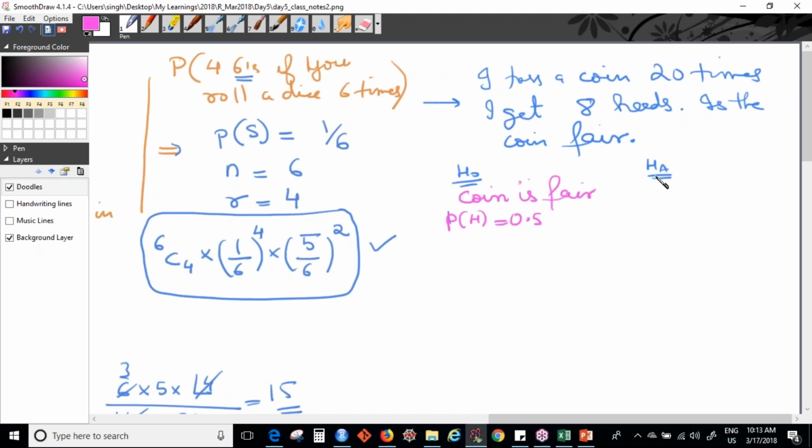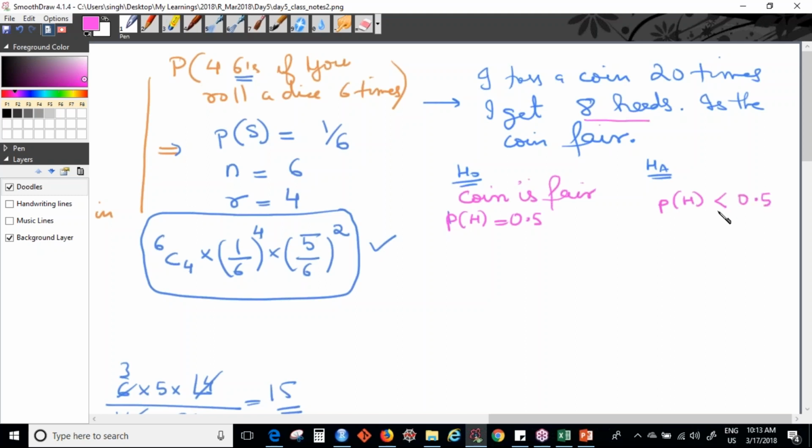What is the alternative hypothesis now? Yes, guys. What will be the alternative hypothesis? You have got 8 heads out of 20. So what will be your alternative hypothesis? No, Jagdish, why 0.4? Where did you get that number 0.4? You cannot say it is 0.4 or 0.3 or 0.2. You cannot do that. Yeah, it should be less than 0.5. So the alternative is that probability of head is less than 0.5.